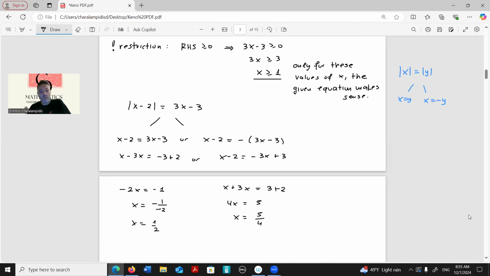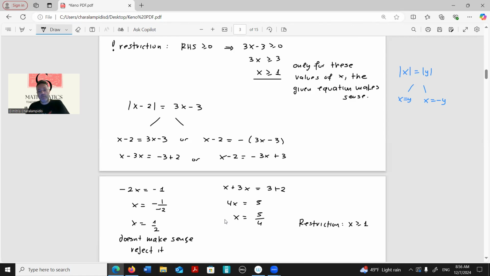Hold on. Now we need to be reminded of the restriction. In the beginning, we said that only the values of x which are greater or equal than 1 will make sense in this equation. So x equals 1 half doesn't make sense. If it doesn't make sense, would mean that we should reject it.